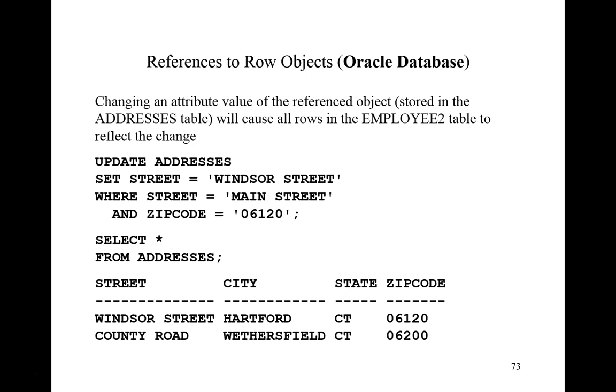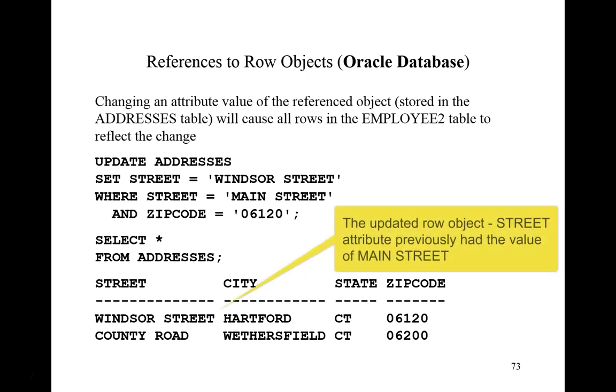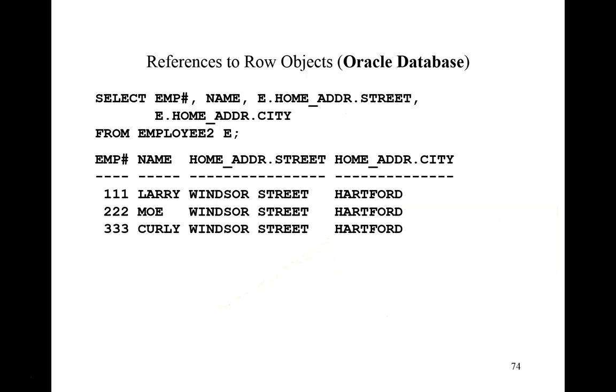Here we're updating the addresses object table, setting the value of street to Windsor Street, where the street currently is Main Street and the zip code is 06120. When we retrieve our data from the addresses table, we note that the first address shown here is the one that has been modified. Subsequently, when we go to retrieve from the employee2 table, we'll now see a different value for the street for our employees who reside at that address.